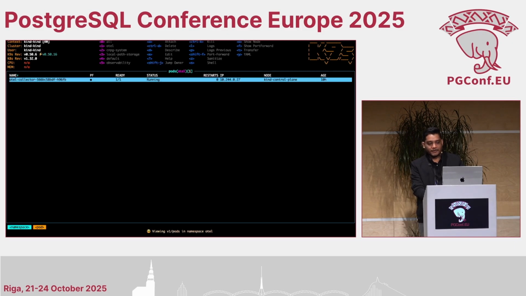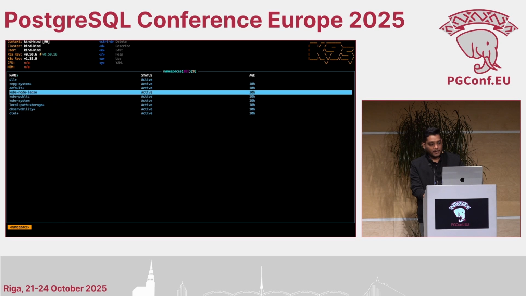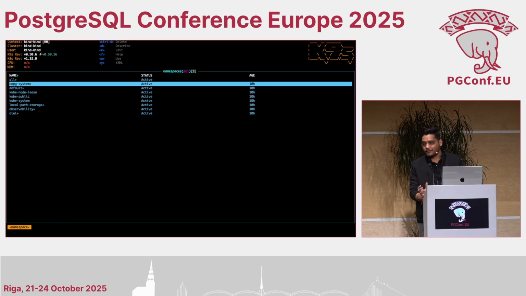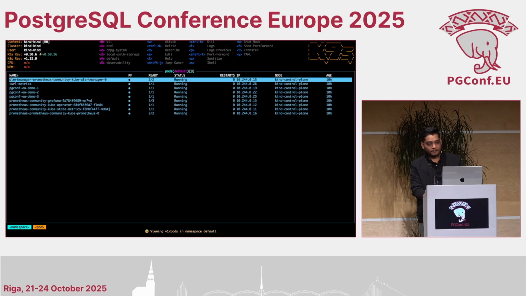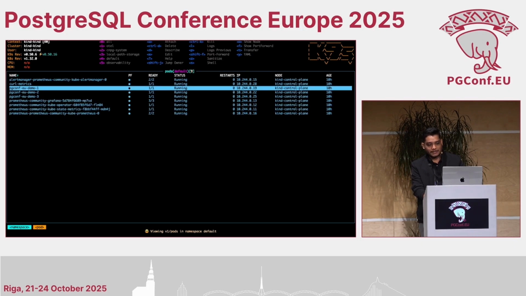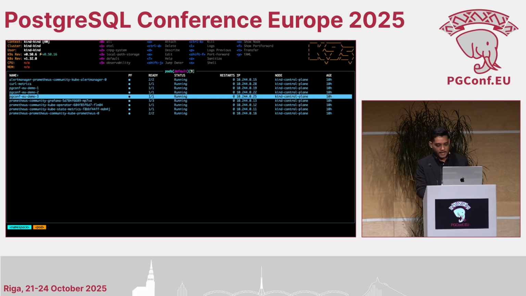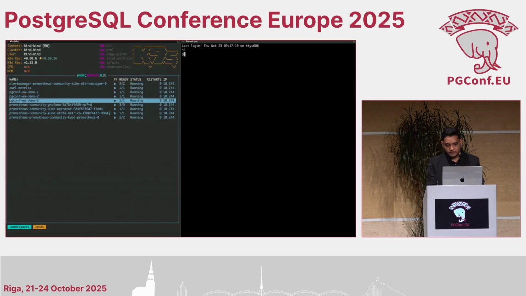For the OpenTelemetry collector, I have deployed it in this namespace, where my collector is running. And for Postgres on Kubernetes, I'm using the CNPG operator. This is the controller, and in my default namespace I have deployed this cluster. The name of my cluster is pgconf EU.